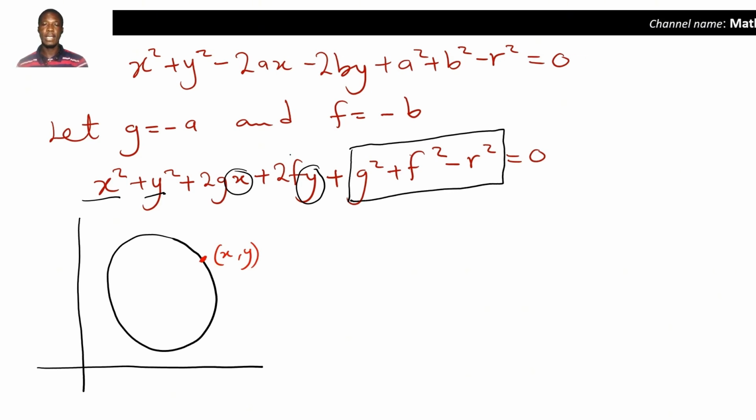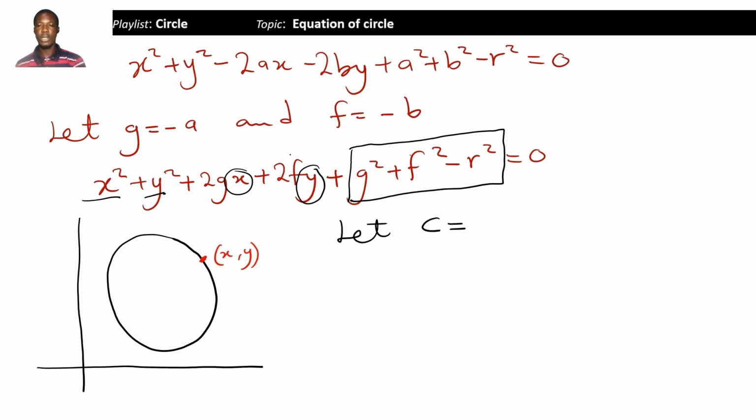If that is the case, we would try and make the expression simple. And to make it simple, we will put them together into one value as a constant. So we will let c represent all the constants together. That is g squared plus f squared minus r squared.